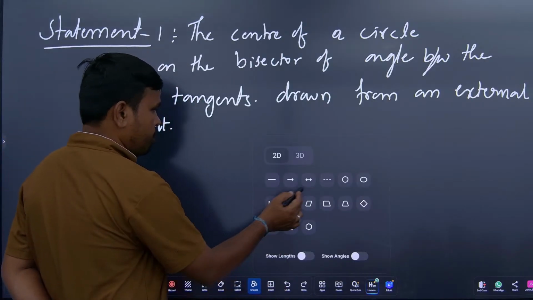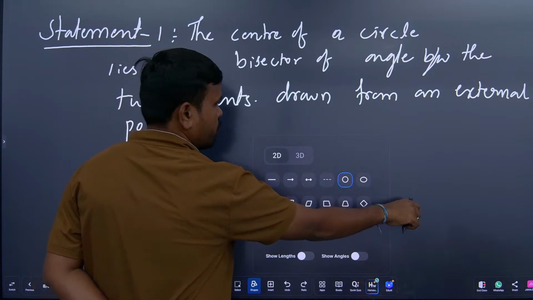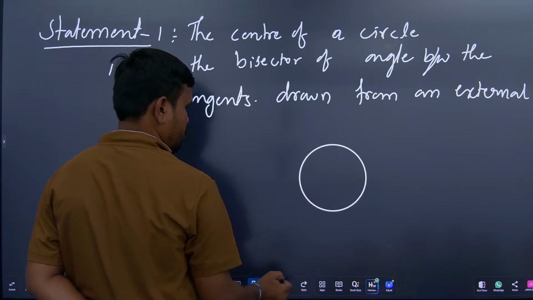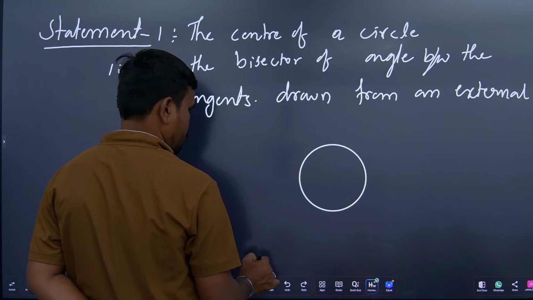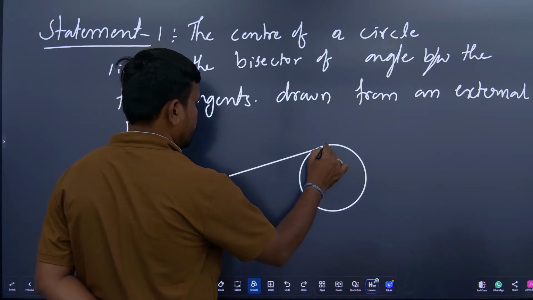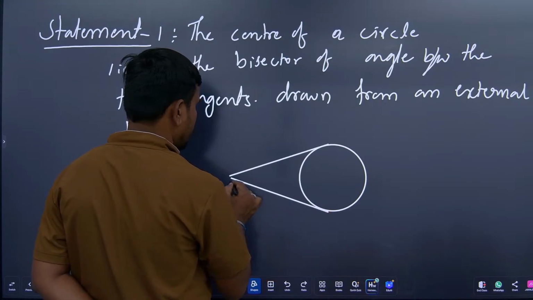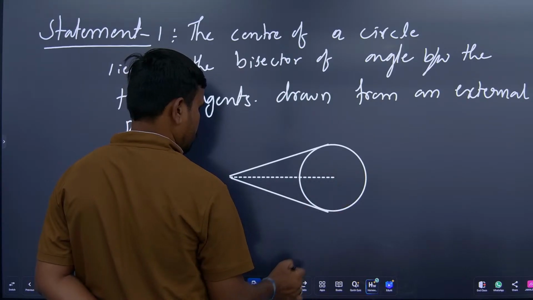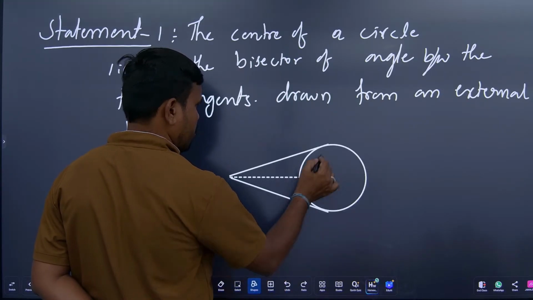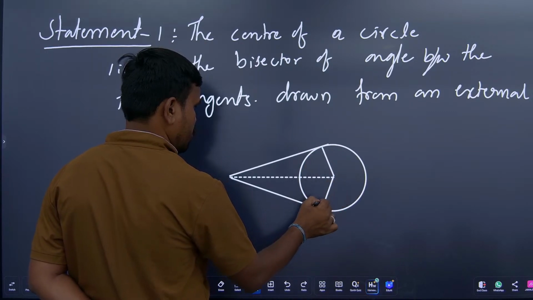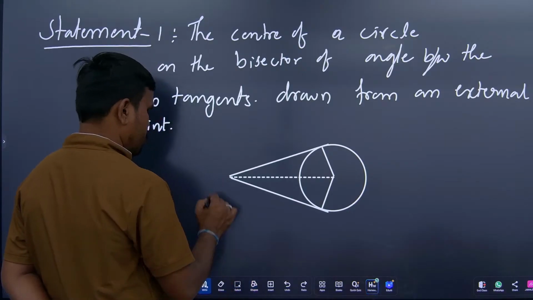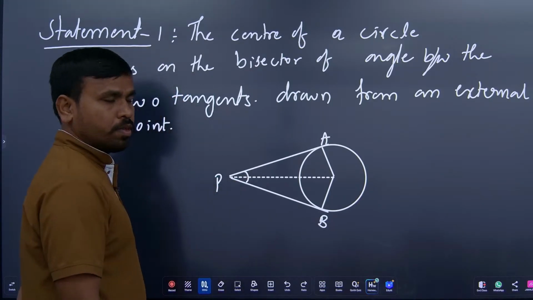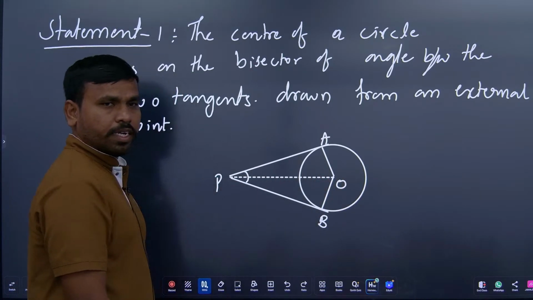The diagram will be: this angle, this is the angular bisector, this is the point O, center of the circle O.